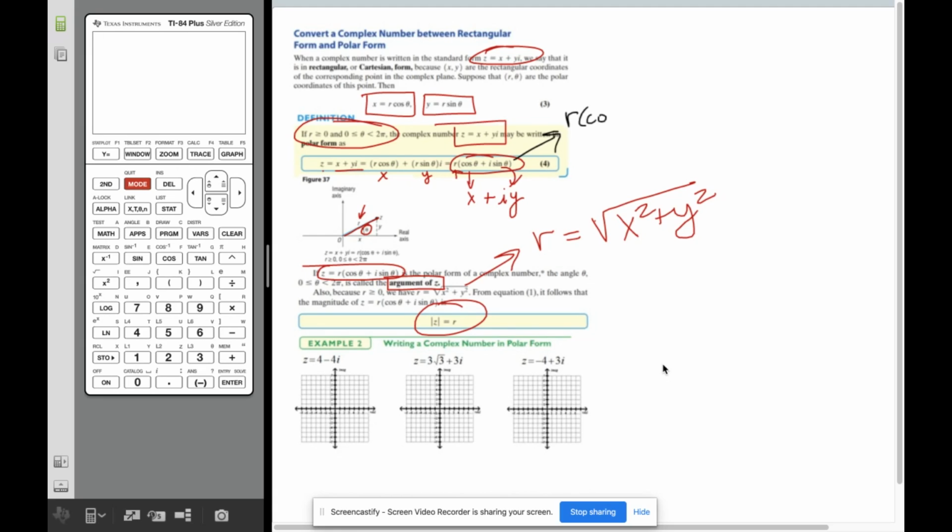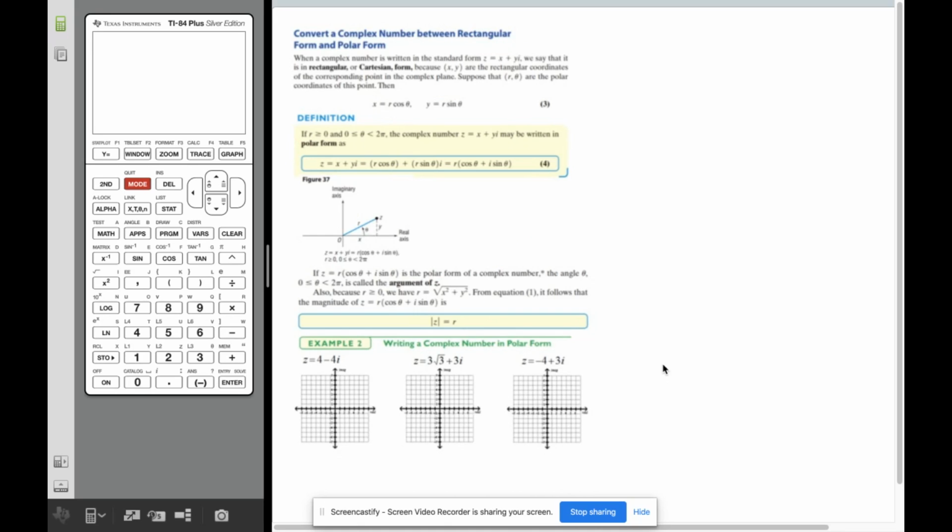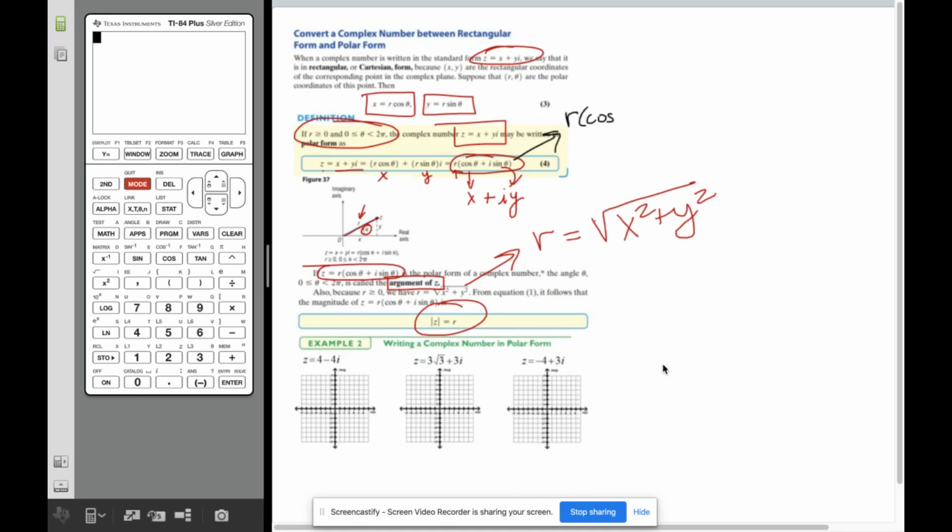If it's r cosine theta plus i sine theta, some textbooks or other teachers in the future may abbreviate it and say r cis theta. And that's just a shorthand for cosine plus i sine, which is just cis. There's really nothing technical about that or anything.